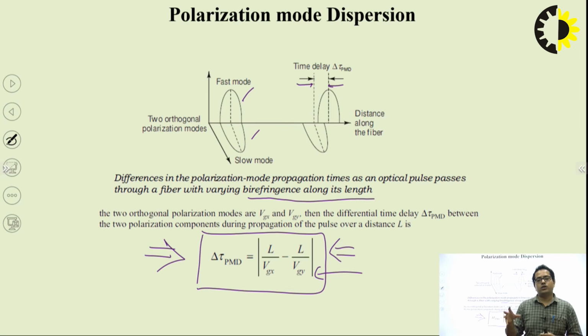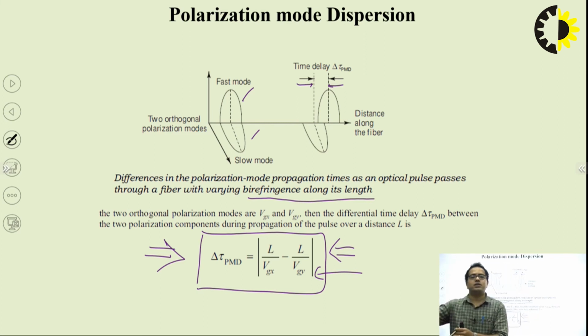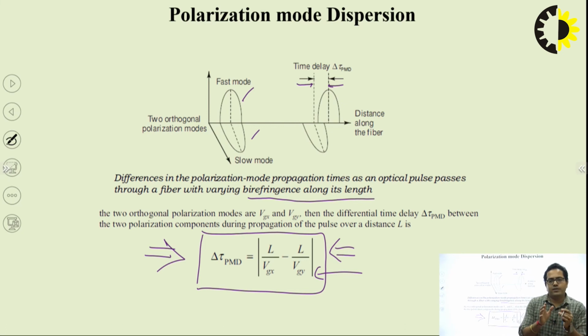In polarization mode dispersion, two orthogonally polarized modes do not travel with the same velocity due to some variation in the refractive index. When they arrive at the extreme end of the fiber after traveling a certain length L, these two orthogonally polarized modes have different group velocities, so there is a time mismatch between their arrival. That leads to polarization mode dispersion.